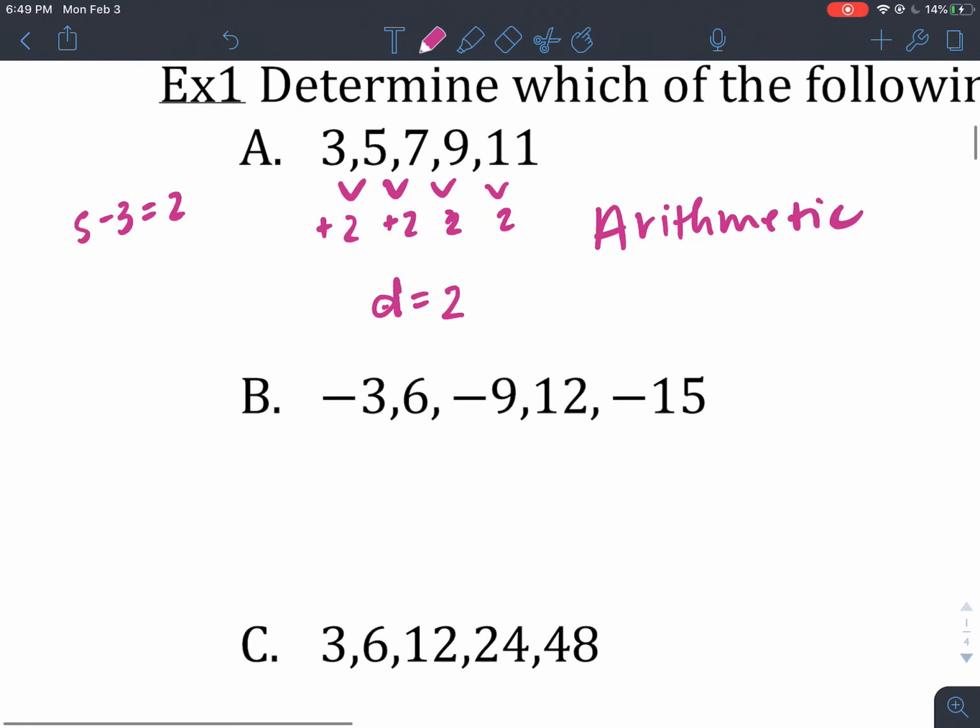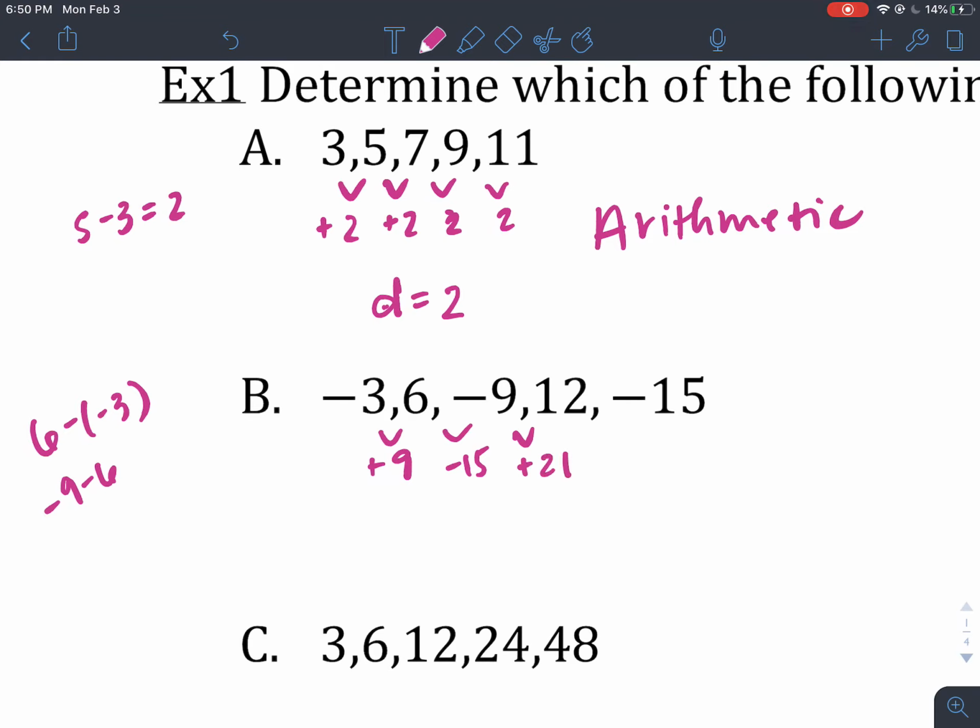If I look at the second example, however, negative 3, 6, negative 9, 12, negative 15, the difference between negative 3 and 6, or 6 minus negative 3, is a plus 9. To get from negative 3 to 6, we have to add 9. To get from 6 to negative 9, however, negative 9 minus 6, that's negative 15. So I don't even really need to check my other pairs. I could.